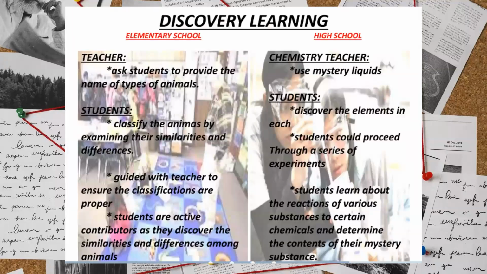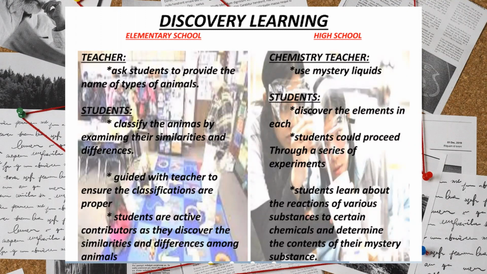So ito yung example ng discovery learning sa primary, elementary school, and high school. Teachers in elementary school will ask students to provide the names of types of animals, and students classify the animals by examining their similarities and differences.